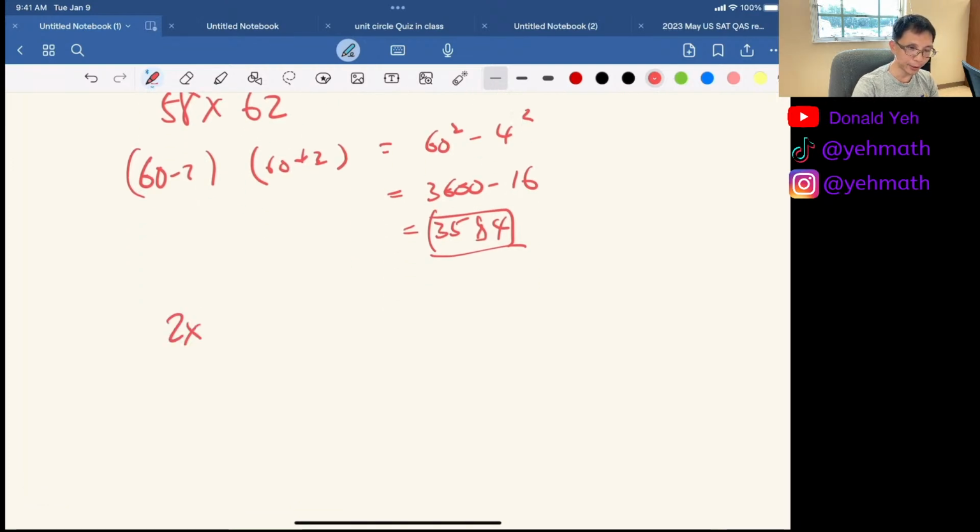So let's factor this. Do you see the difference of squares? Safa is already done. Do you guys see the difference of squares?